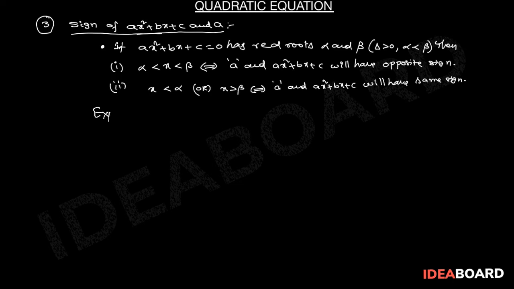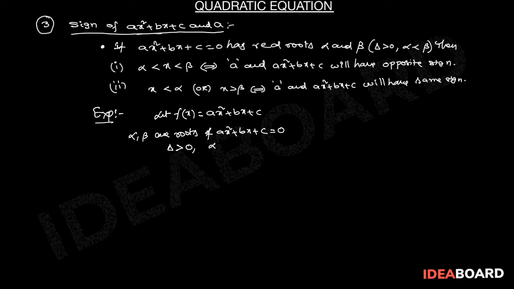Explanation. Let f of x equal to ax square plus bx plus c, given alpha comma beta are roots of ax square plus bx plus c equal to 0. Here alpha and beta are different, delta greater than 0 and alpha is less than beta.